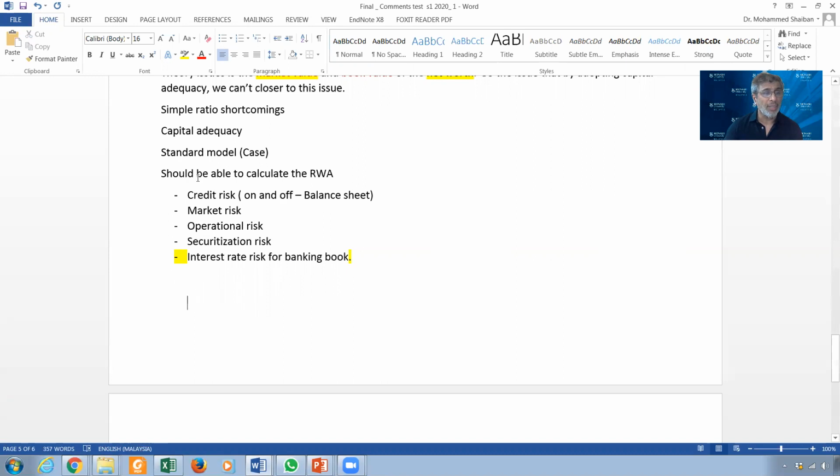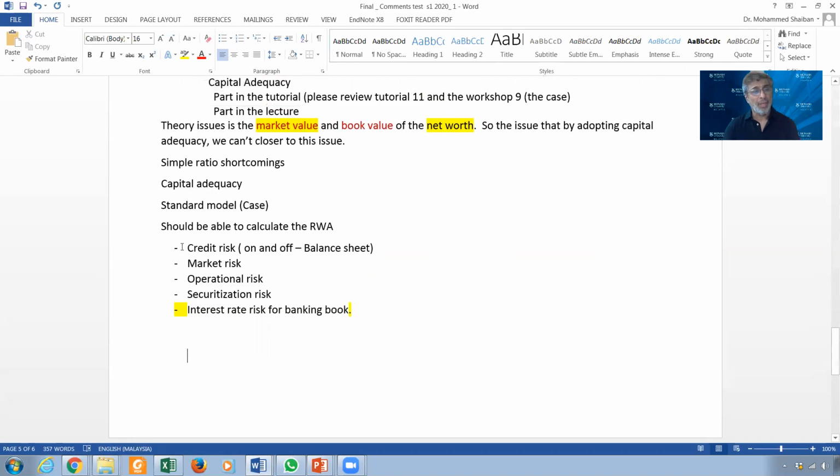I just want you to understand how to calculate according to the standardized approach, and most of it is how to use the tables, and actually most of our work was in the credit risk. For the market risk, operational risk, securitization risk, and interest rate risk, I will give you what we call a capital charge, which is how much capital exactly we need to buffer this risk, and you have to multiply it by 9.52 to get the risk-weighted assets.